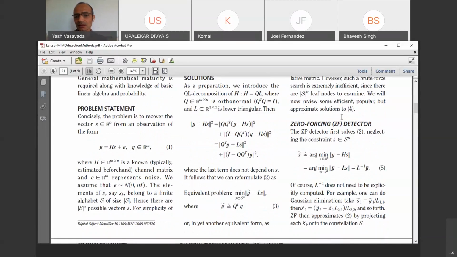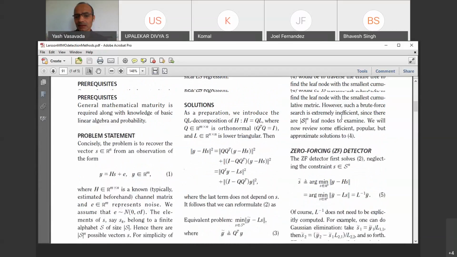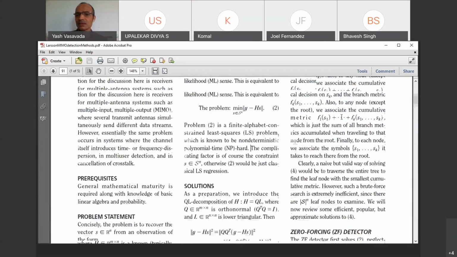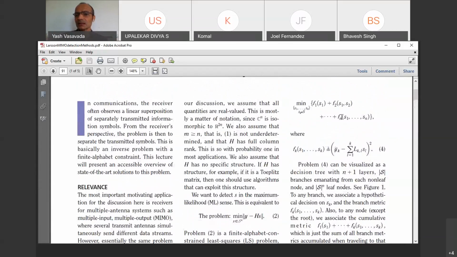And the reason why this is beneficial is because of the lower triangular nature of L, that distance minimization problem can be written as this equation here, where the first term is dependent only on S1. The second term is dependent on S1 and S2.